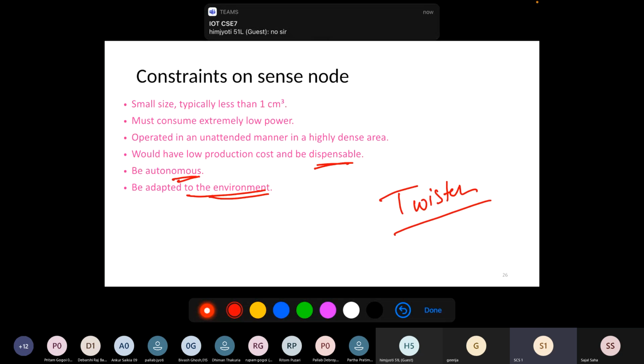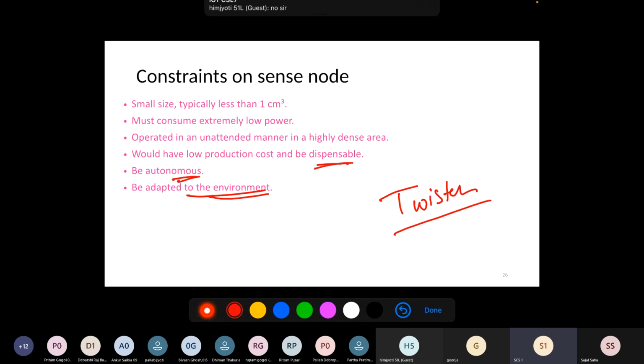Actually, the concept of that movie is that in the US or Northern America region, there is a high occurrence of hurricanes. So to get the hurricane data, a group of scientists chased the hurricane, and after that they spread some sensor nodes inside the hurricane.